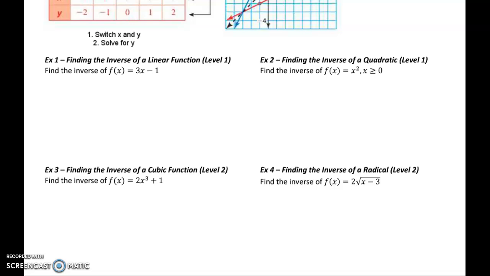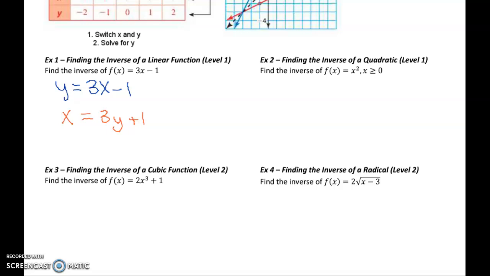It says to find the inverse of f of x equals 3x minus 1. So really that's y equals 3x minus 1. Our first step is going to be to switch x and y. So that means we're going to have x equals 3y minus 1. And then we just have to solve that equation for y.